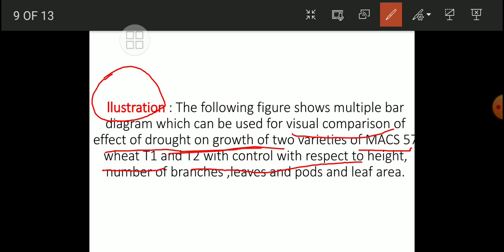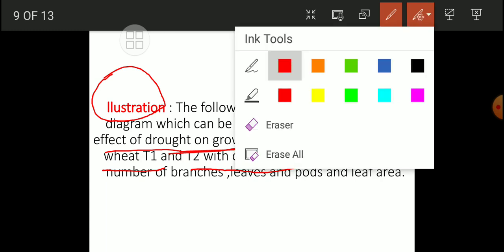After understanding this illustration, we will be able to understand by seeing the exact sketches.